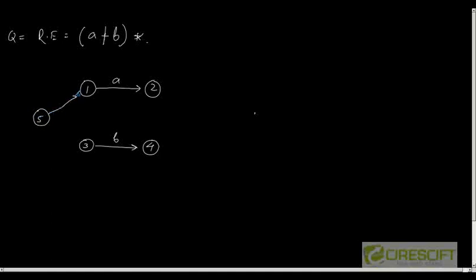I can make an empty transition from state 5 either to 1 or to 3, and then I can process the input symbols a and b respectively. And from 2 and 4 I can again make an empty transition to reach a final state 6. So this will be my NDFA for a or b.